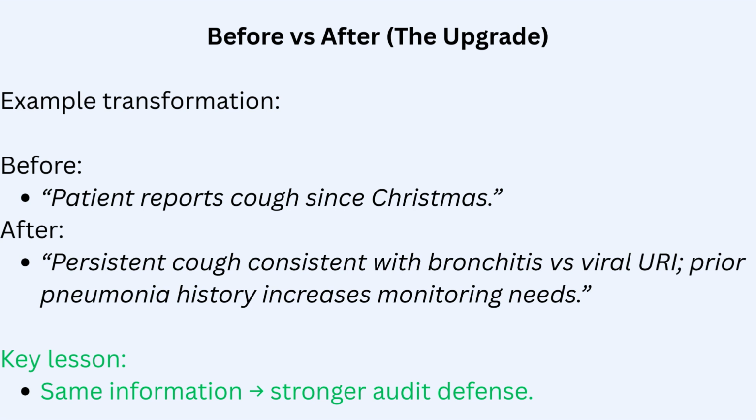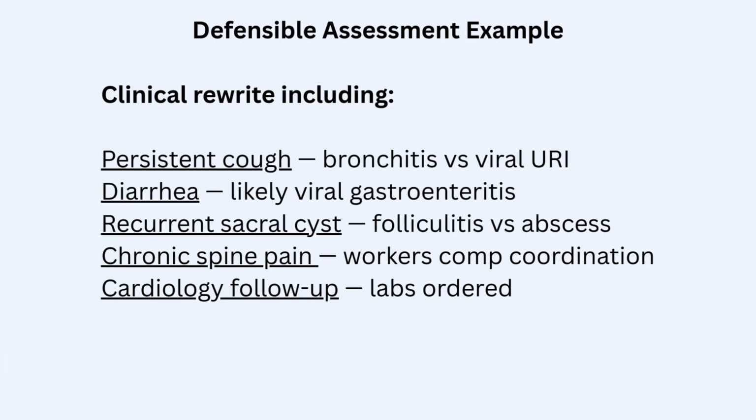Okay, so before versus after the upgrade, we have an example transformation. Before, patient reports coughing since Christmas, and after, the correction would be persistent cough consistent with bronchitis versus upper respiratory, prior pneumonia history, increases monitoring needs. Key lesson here is same information, stronger audit defense.